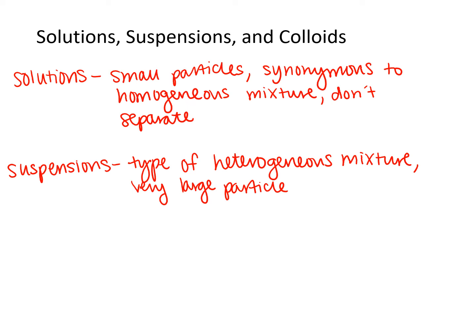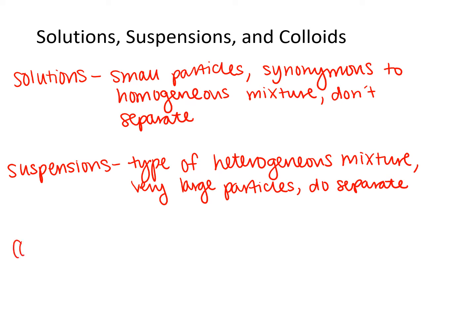They could still, in our mind's eye, be small, but still be considered large. And because they are made up of very large particles, these do separate; we can see them separate into different layers or different parts. And so that's going to be one key thing for us to understand when we're talking about suspensions, is that we're going to be looking for things that we can separate very easily, that we can see different components of.